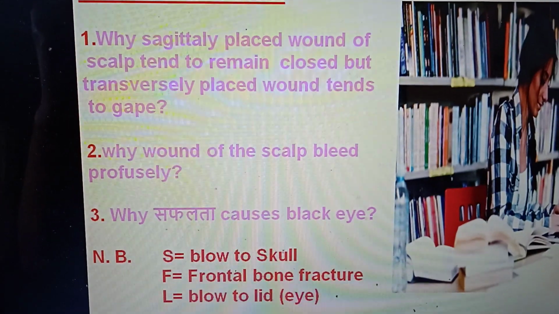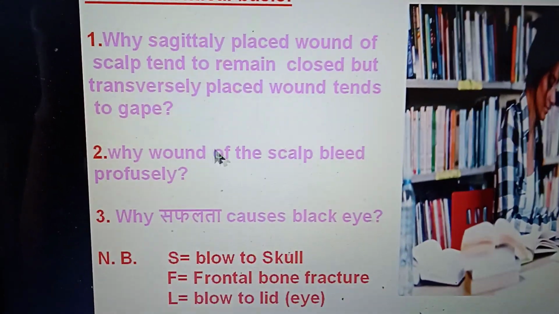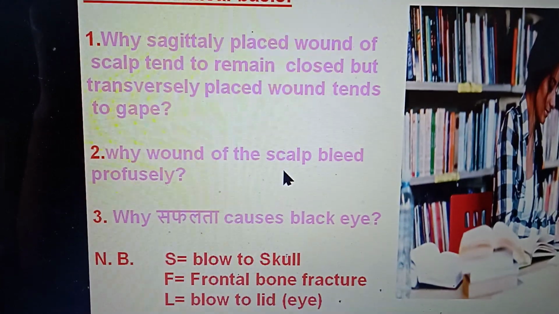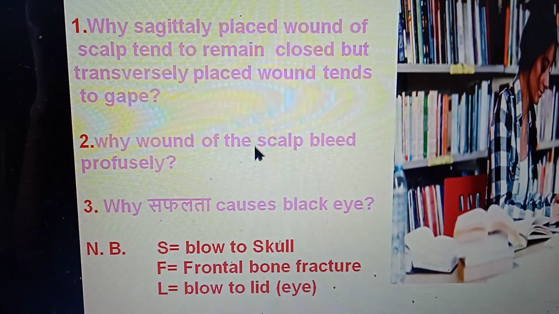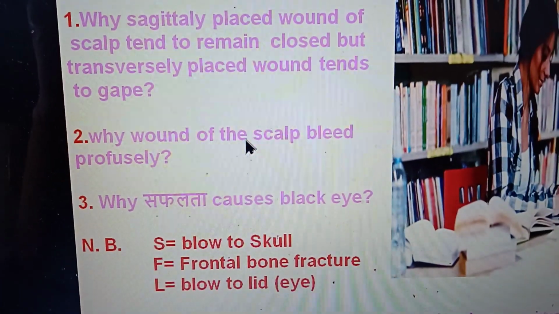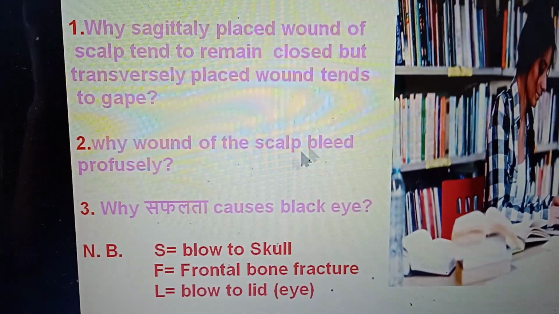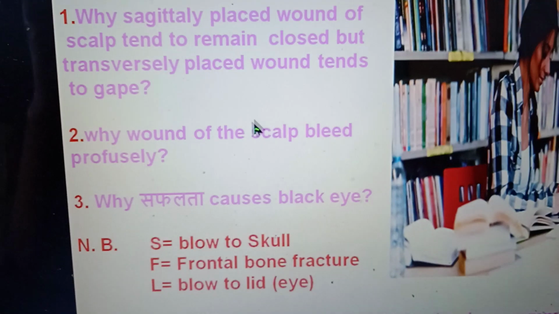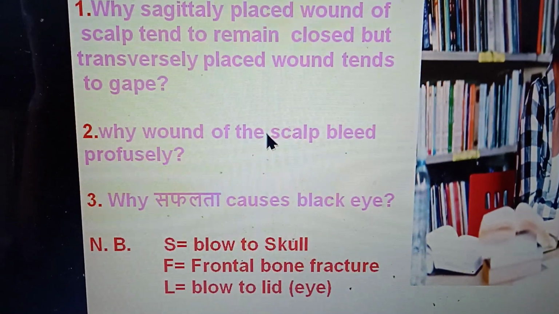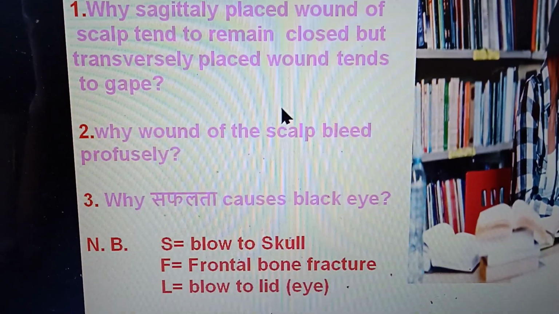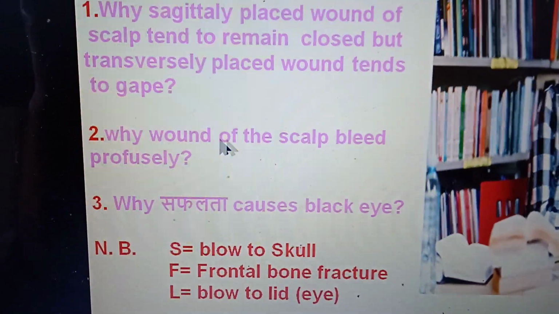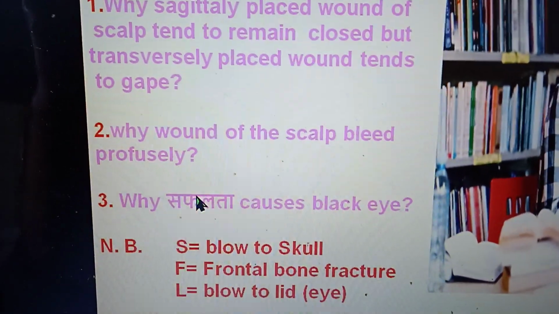That vein and artery lumen always remain patent due to the presence of fibrous trabeculae coming out from the fibrous septa. That fibrous trabeculae make the lumen of arteries and veins patent all the time. So the wound of a scalp bleeds profusely.